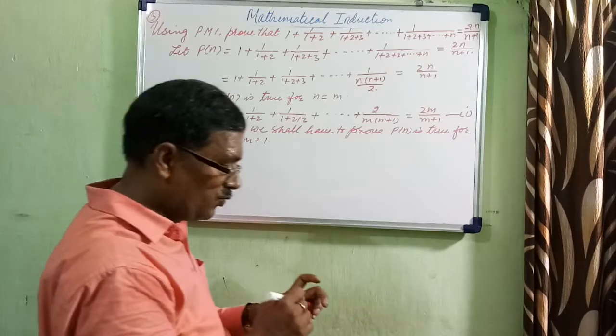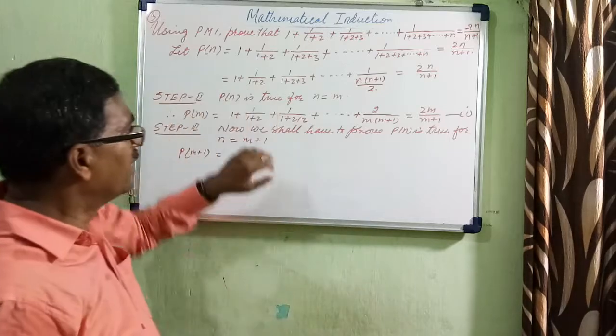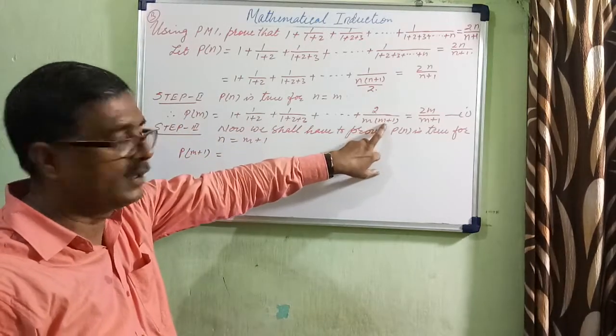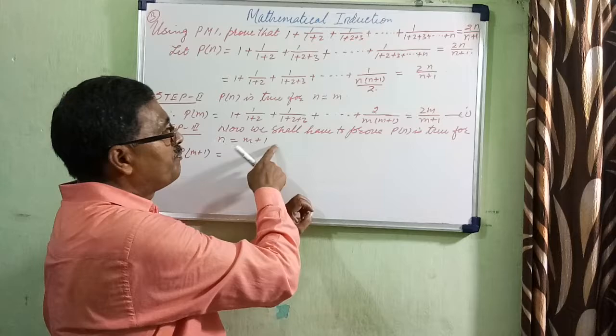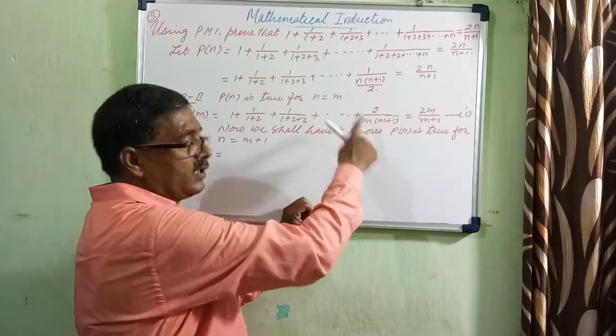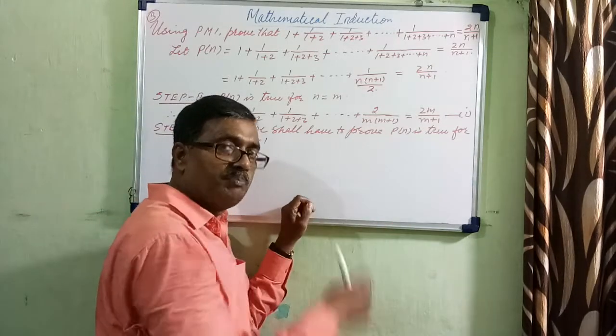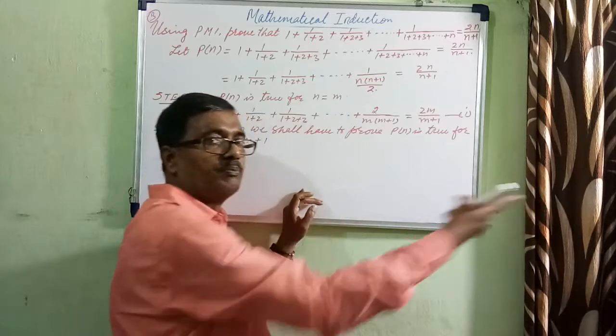Now one more thing here, we have to play a trick. You have to write till here, and when you take m plus 1, wherever m is there, we have to write m plus 1, means we will go one step more.